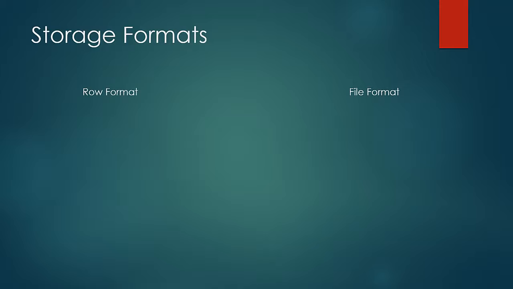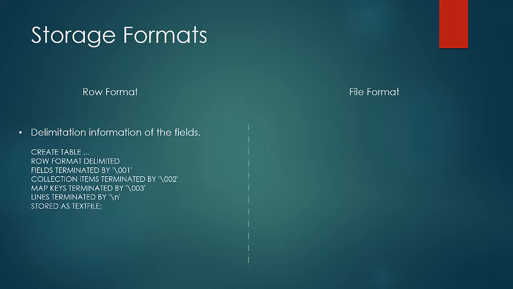Row format deals with how the data fields are stored in the Hive table, how the fields would be delimited, how the rows would be delimited, how keys and values would be delimited, and how collections, which is a complex object made of several data types, would be delimited. This is important when you're writing a MapReduce job which reads the data which is previously processed by Hive. A default explicit declaration of such a storage would be as shown.